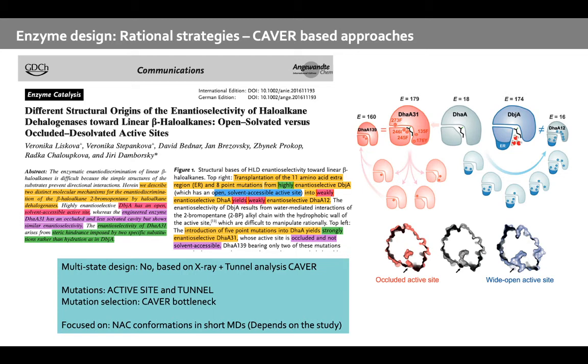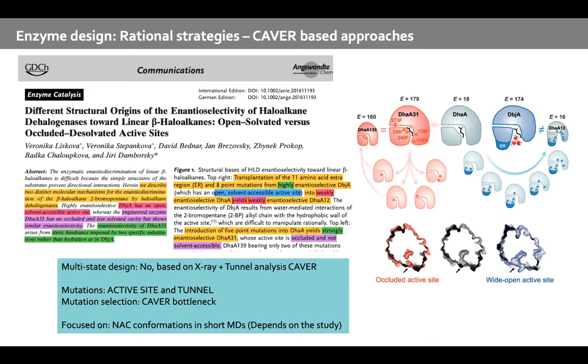In the Damborsky lab, they do multiple strategies. In this particular case, they use multi-state design. Well, not really, because they are based on the X-ray and this tunnel analysis with Caver. Although, as I said, they are following different strategies.